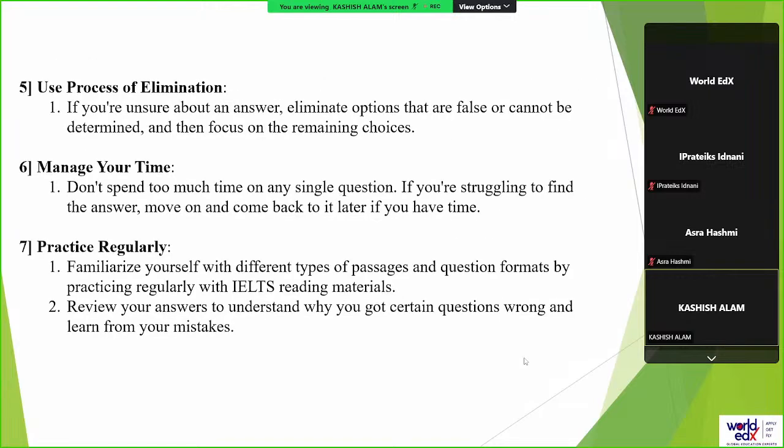Use the process of elimination. So if you are unsure about an answer, eliminate the options that are false or cannot be determined, and then focus. In simple terms, what you can do is read the question, think about it. Okay, so you will figure it out. Let's suppose most of the confusion happens between false and not given.